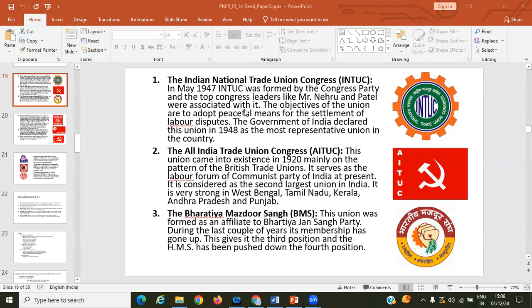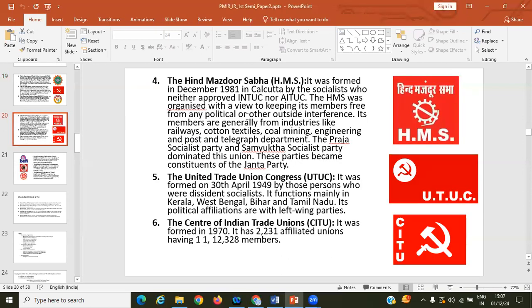These are the trade unions in our country: Indian National Trade Union Congress (INTUC), AITUC, All India Trade Union Congress, Bharatiya Mazdoor Sangh (BMS), Hind Mazdoor Sabha (HMS), UTUC, United Trade Union Congress, the Centre of Indian Trade Unions, CITU. These are the trade unions we made a list of.